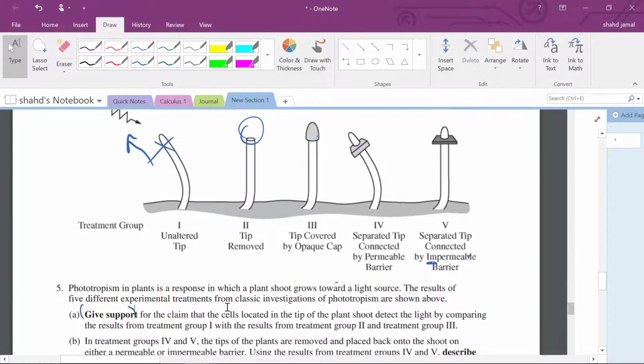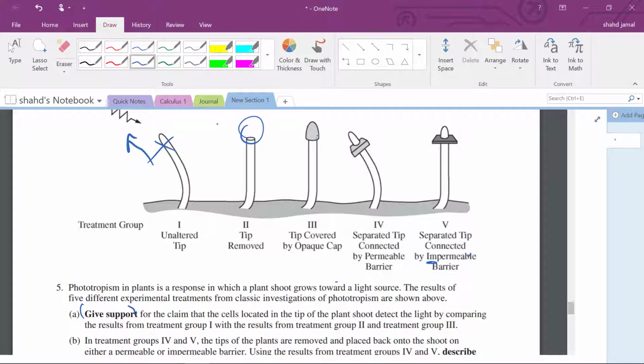So for group 1, just say that yes, the unaltered tip is bending towards the light. And if we compare it with group number 2, which has the tip removed, it no longer bends toward the light, meaning that the tip is essential for the plant to grow towards the light and be stimulated by it.